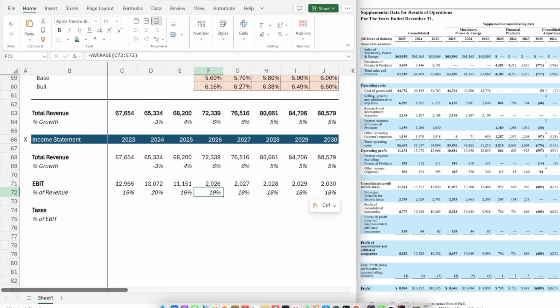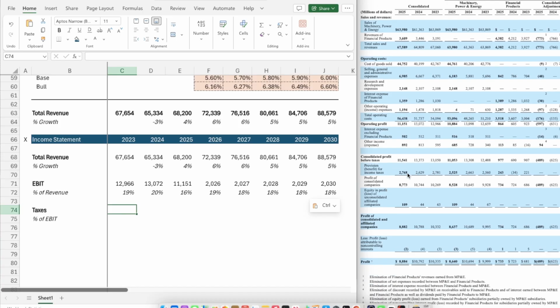This one is just a placeholder, so don't worry about it for now. But we'll do the proper one in the actual DCF section. Then taxes are here. Oh, sorry, we just need to do this.